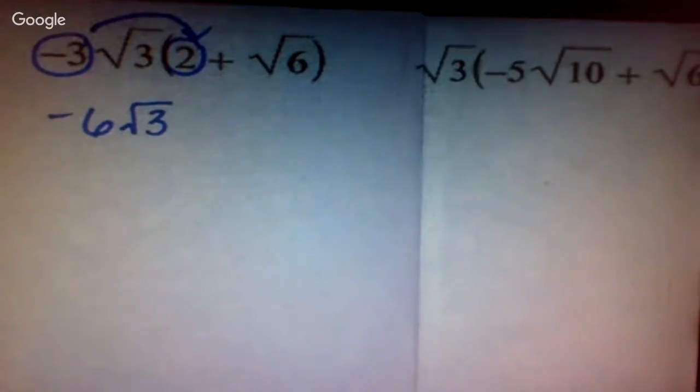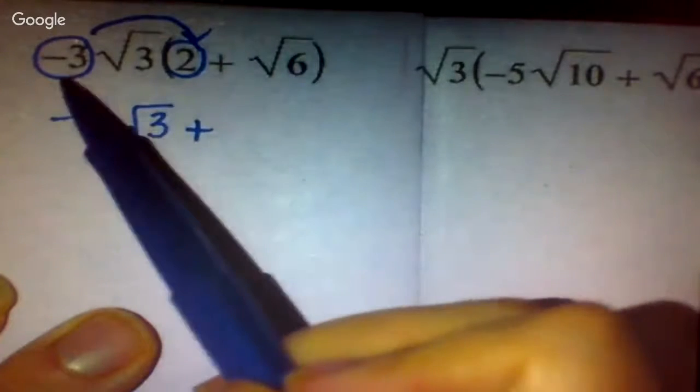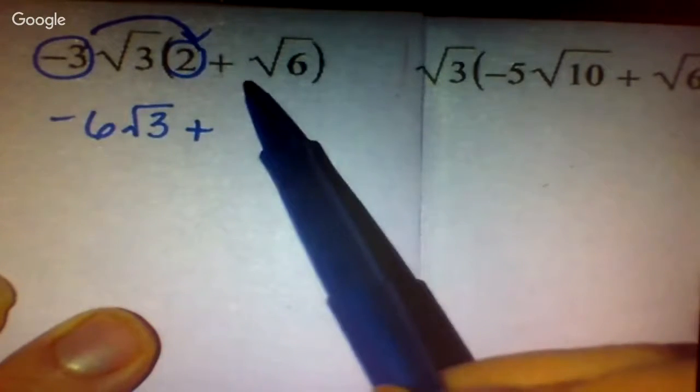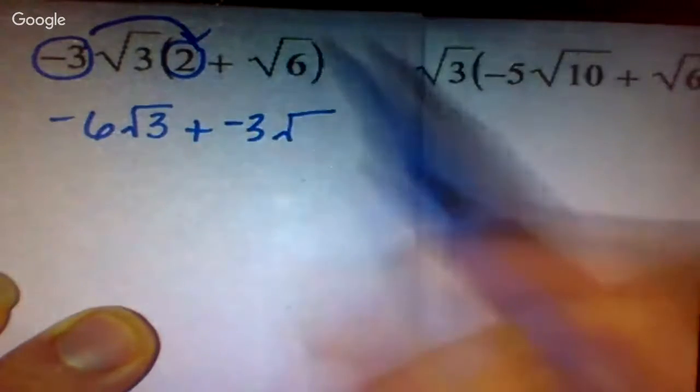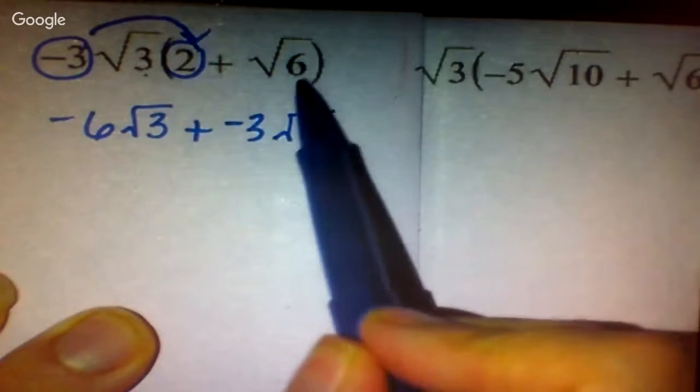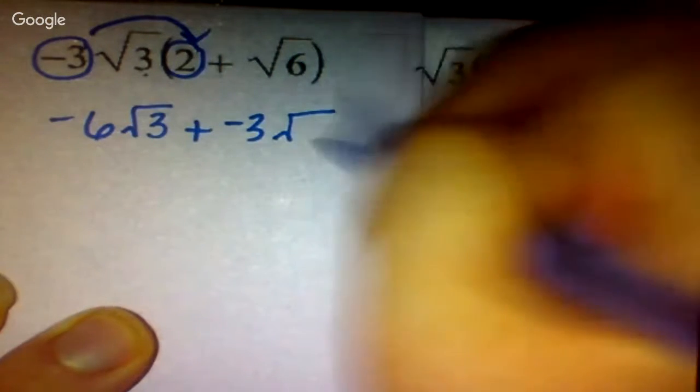You have nothing to multiply your square root against, so it's negative 6 square roots of 3. Plus, we have negative 3 times 1, which is negative 3. And then you've got the square root of 3 times 6, which is 18.